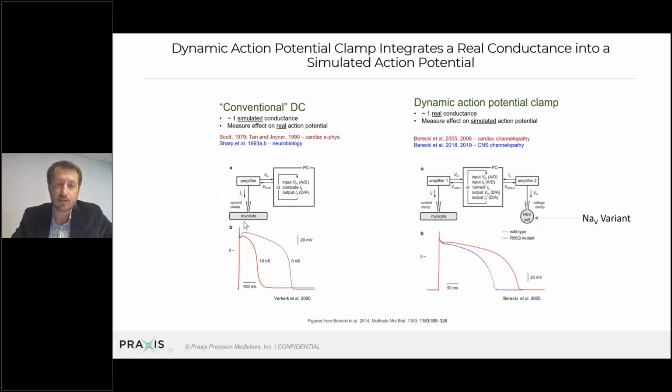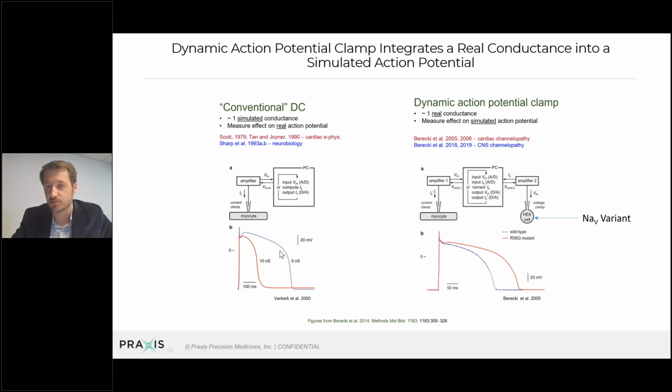So here it's fed into a myocyte, and you'd query, how does that simulated conductance affect the functioning of the myocyte? You could change the parameters of that conductance in a controlled way and see how that affected the myocyte. Does it increase activity, decrease activity? Here they're looking at action potential duration.